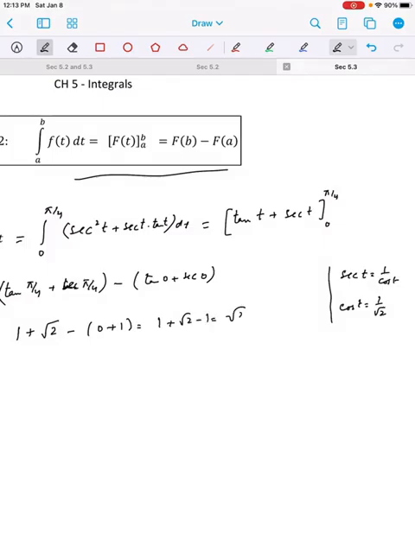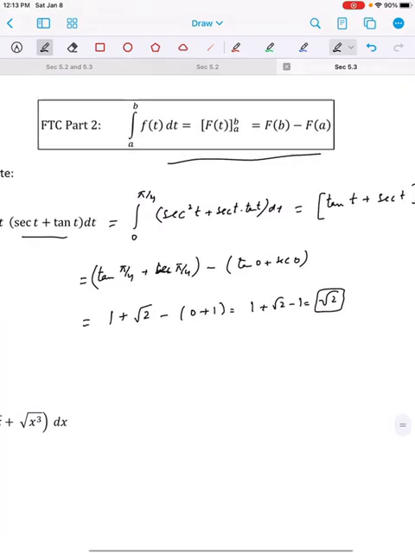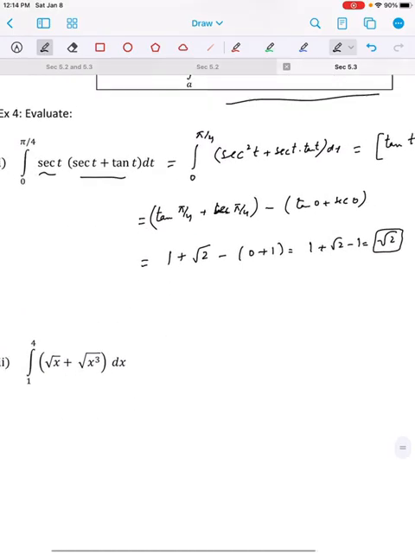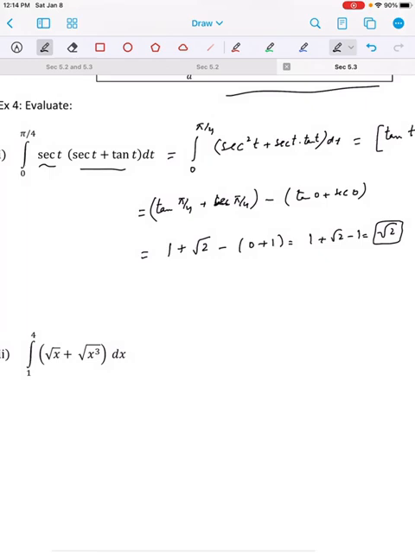Looking at the next example, again notice it's not easy to write the antiderivative in just this form, so we change the form of our functions. We can write it as x to the 1/2 plus x to the 3/2.